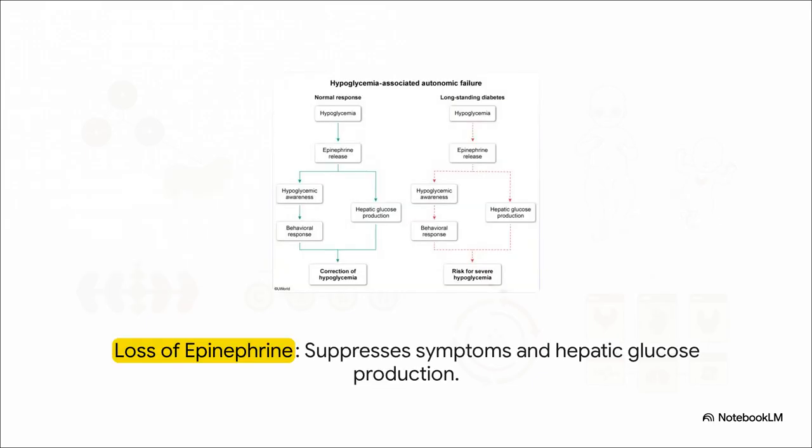The underlying mechanism of HAAF is a reduced epinephrine surge when blood glucose drops. Without that catecholamine release, the patient doesn't get the behavioral cue to eat, and hepatic glucose production isn't stimulated. To manage this severe risk, your next best step is to carefully reduce their insulin dosing and adopt less stringent, more relaxed glycemic targets.